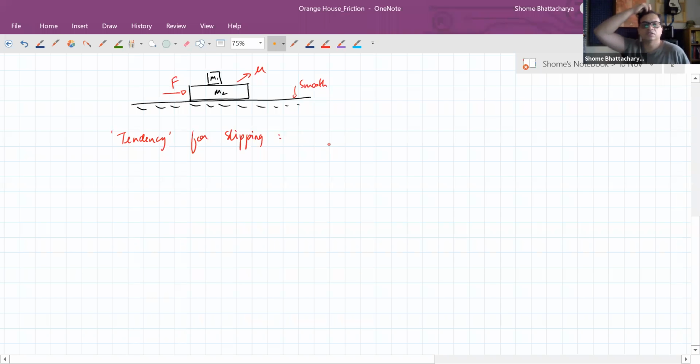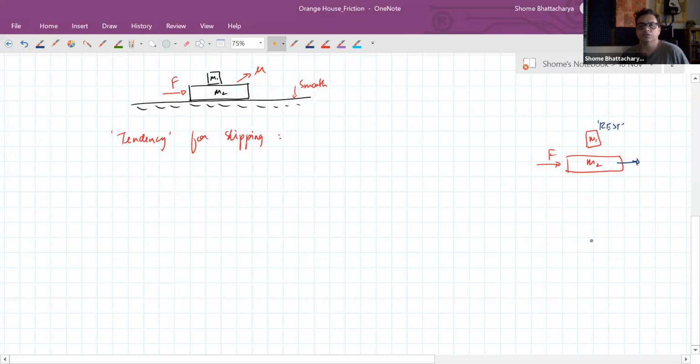Suppose there was no friction, then how would the motion be? On applying the force to M2, M2 would just start moving like this, whereas M1 would remain at rest.